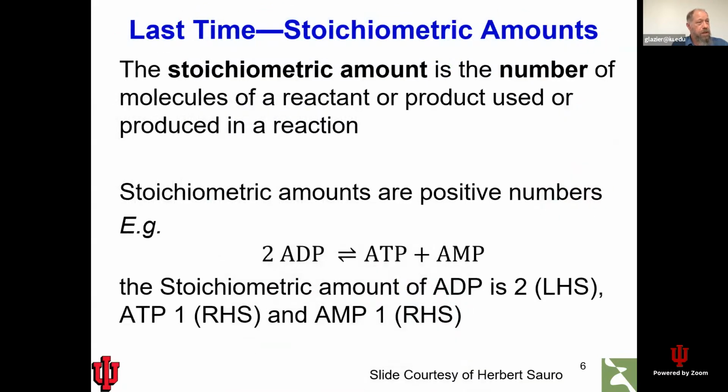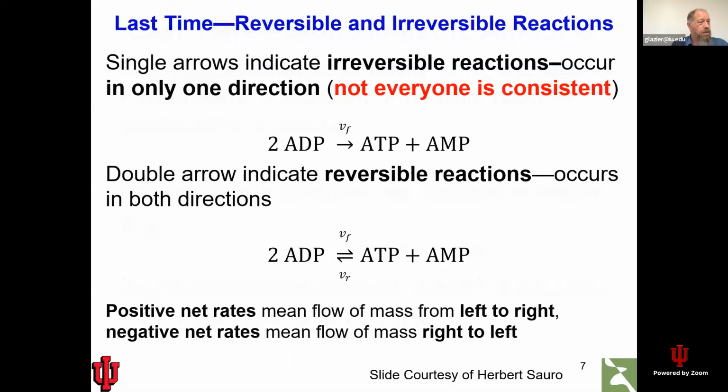We introduced some basic chemistry and the concept of stoichiometric amounts. And in the homework there were some examples of using stoichiometry. It can be a little bit confusing if you're not familiar with these before. You have to get some practice.